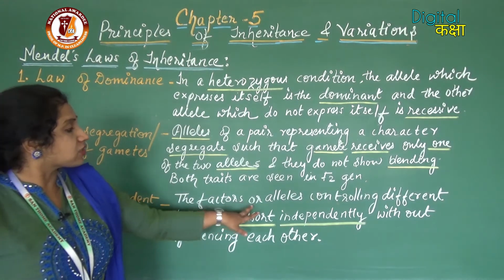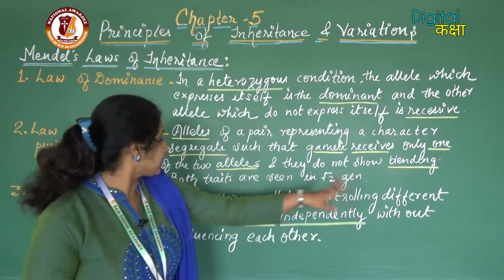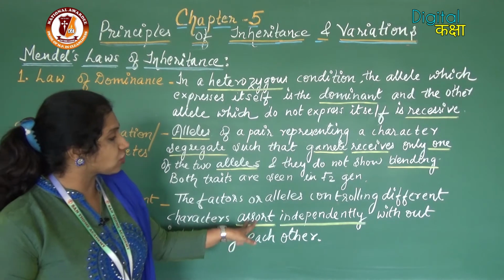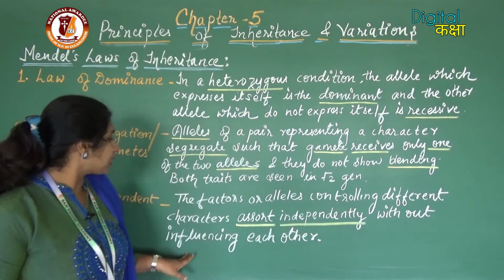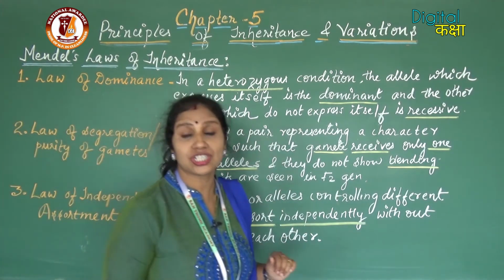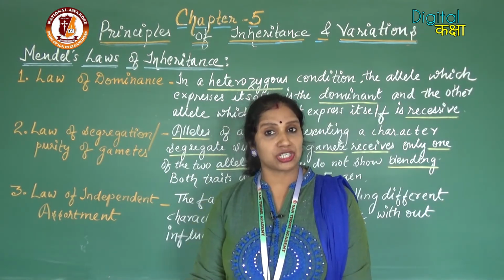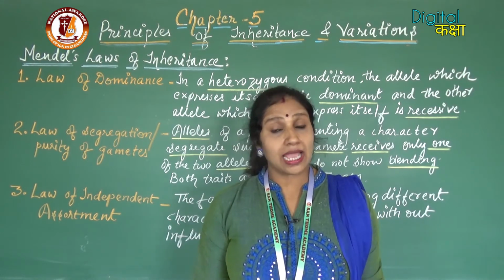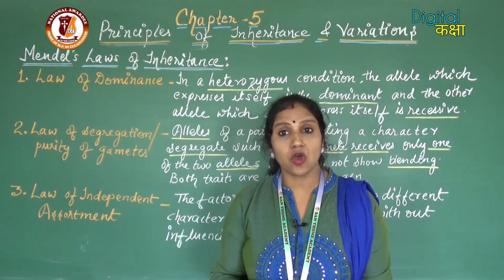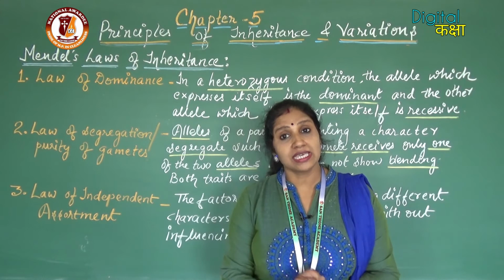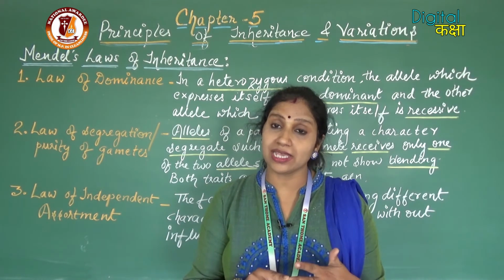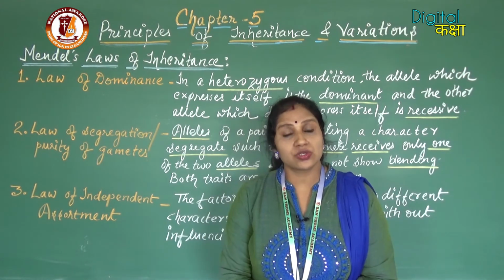The factors or alleles controlling different characters assort independently without influencing each other. Like in the case of the law of segregation, 2 alleles were there, and these 2 alleles were not mixing or blending with each other. They are simply associating and dissociating.